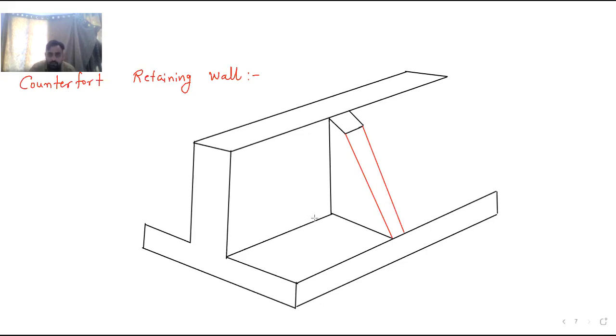Next counterfort will be there, the same thing, maybe at this level, here somewhere. Similarly, the next one is there. So this is the diagram of this retaining wall.